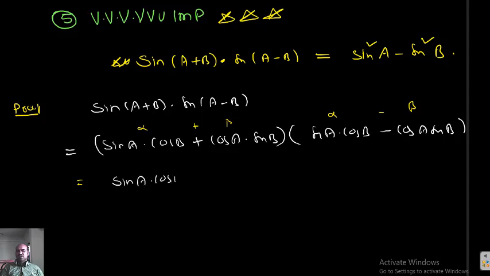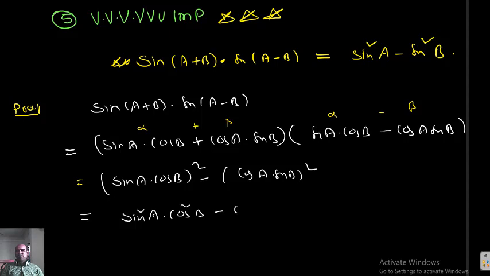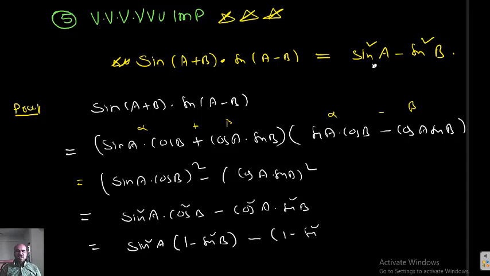Sin A cos B whole square minus cos A sin B whole square. In other words, sin square A cos square B minus cos square A sin square B. But we want the result in terms of sin alone. So sin square A as it is, and instead of cos square B, I write 1 minus sin square B, minus 1 minus sin square A into sin square B.